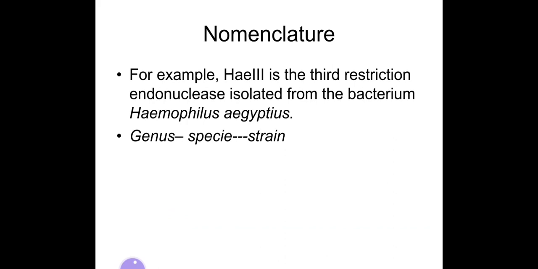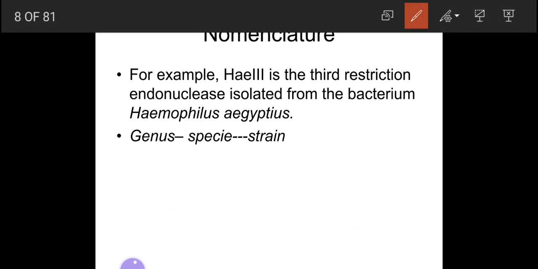How are they named? For example, HaeIII is the third restriction endonuclease isolated from the bacterium Haemophilus aegyptius. The name of the restriction enzymes contains three portions. The first letter tells us about the genus, the second about the species, and the third about the strain.